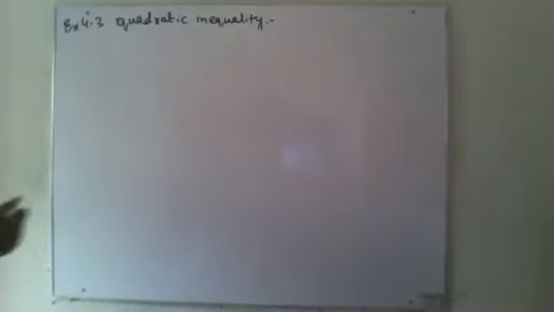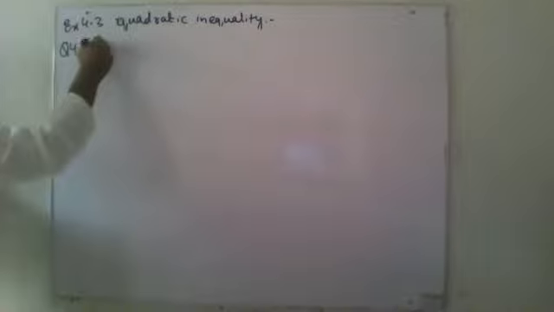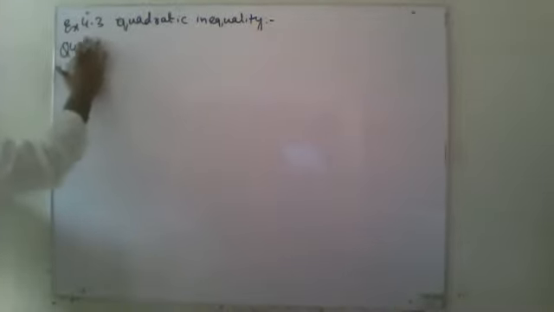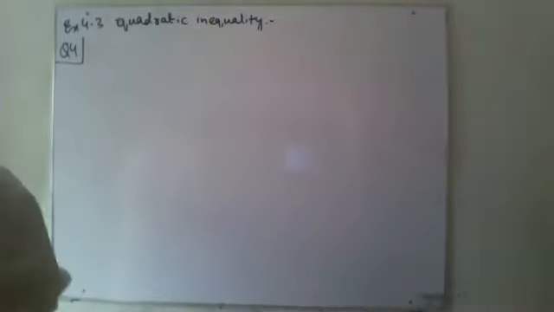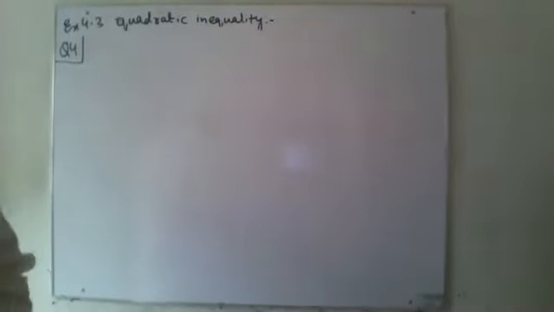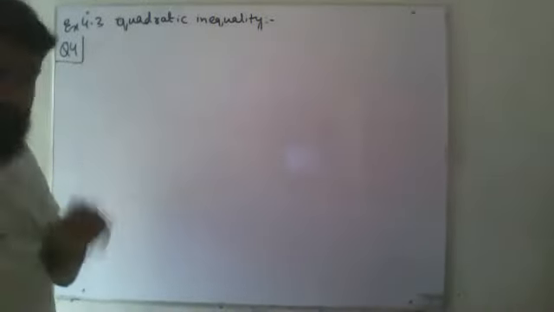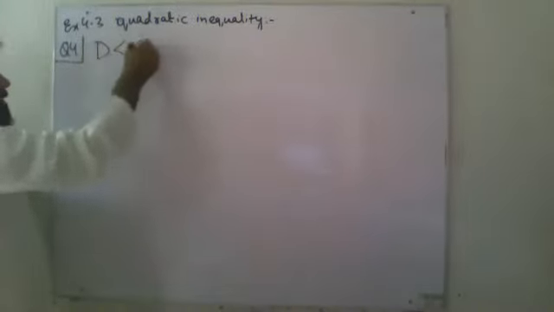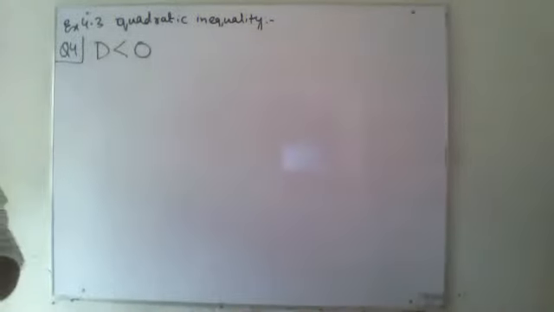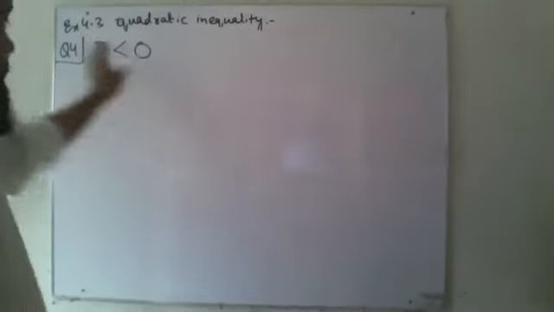Now I am starting with question number 4 of exercise 4.3. Right? The question says there is no real value of x. There is no real value of x, which means that discriminant will be lesser than 0. There is no real value of x. It means the discriminant will be lesser than 0.